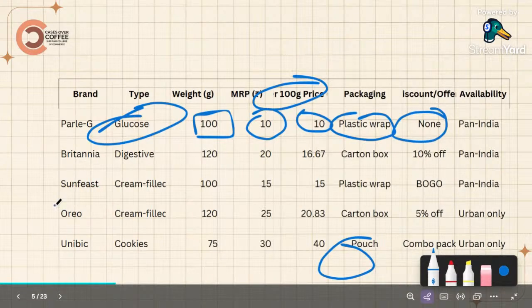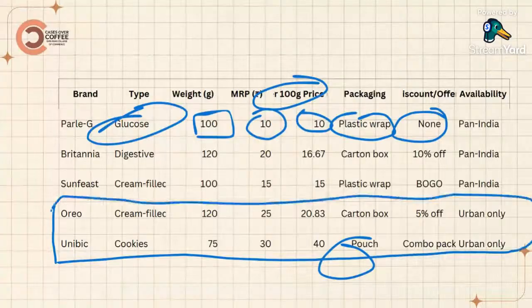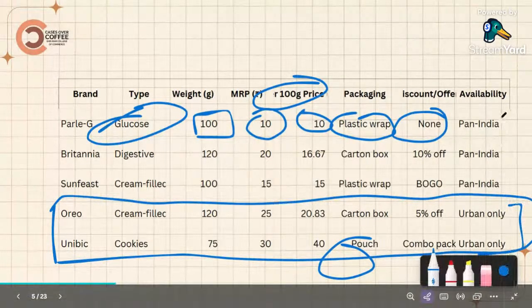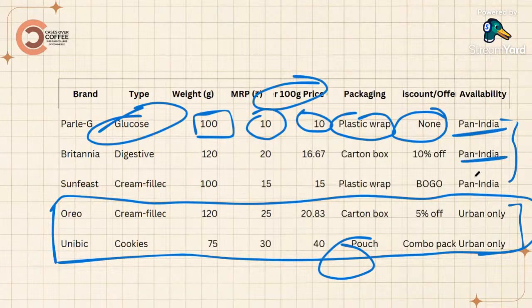Additionally, if you look at this example, the Oreo and the Unipic one, their price is highest in the entire analysis. One reason could be they are specifically in the urban area, where people are ready to spend more. Whereas in this case, they are available pan India, so they have their network in rural as well as urban. So they have priced their product considering the rural urban division as well.